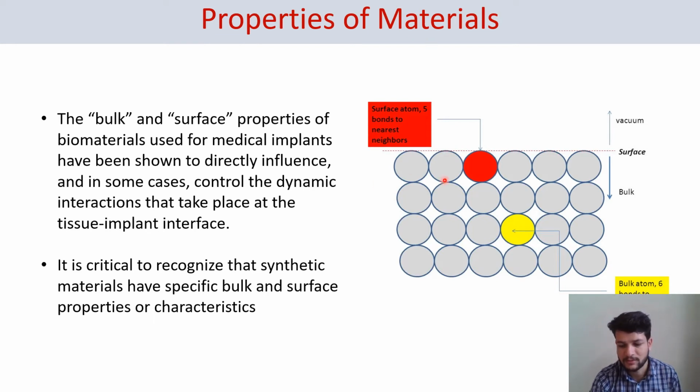If I can give an example, in cardiovascular grafts, when the blood flows through these grafts, different types of cells from the blood interact on the surface, and the surface properties are changed because now a layer of cells is on the surface. So the study of these bulk and surface properties is very important for the implant.